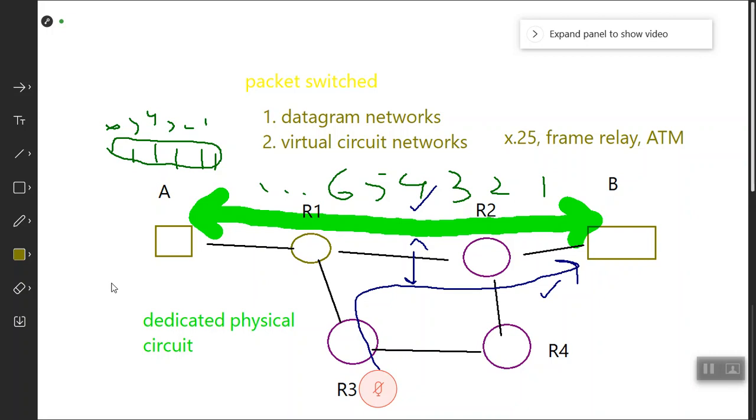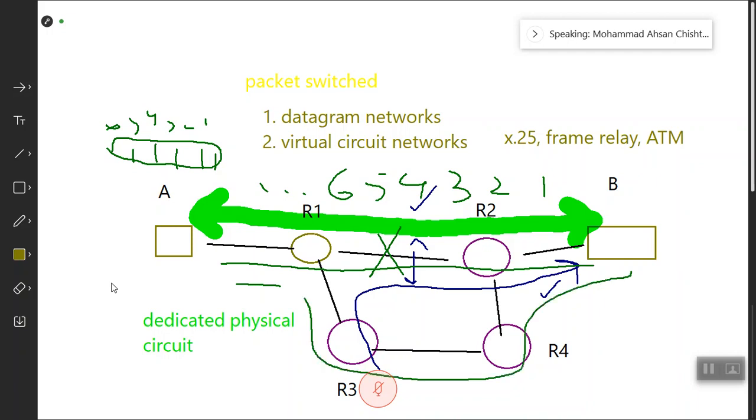And if there is a link loss, this is the disadvantage. For example, if this connection, I'll put up a cross here, if this link is down between R1 and R2, this has to be re-established. If packet was flowing like this, you cannot change the direction like this so easily.